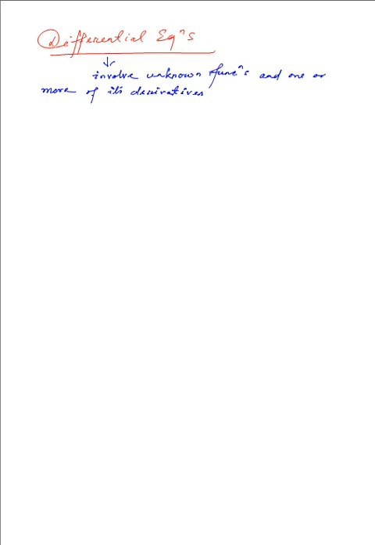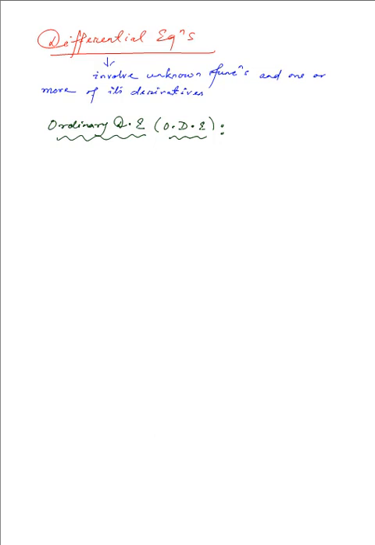Now, a differential equation can be of various types, and one such type is the ordinary differential equation. I'll be writing differential equation as DE and ordinary differential equation is usually written as ODE. So what do we mean by the term ordinary differential equation?